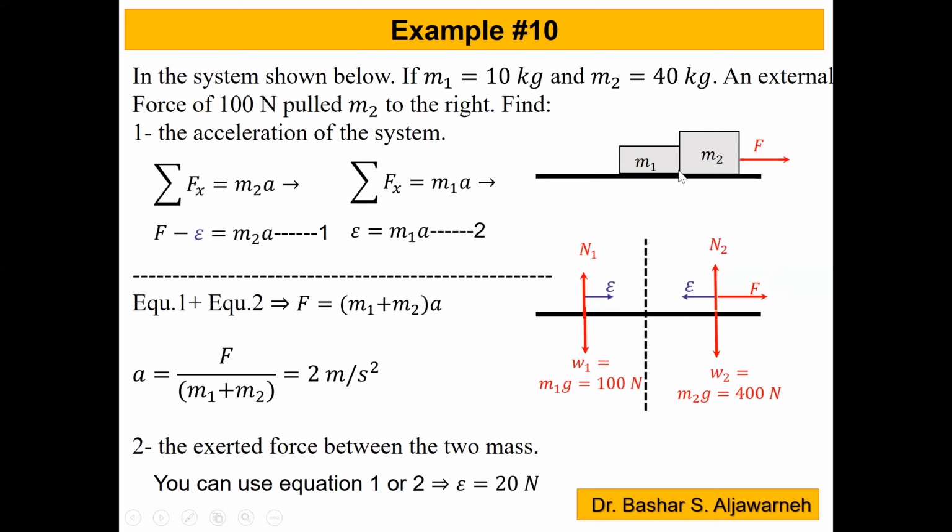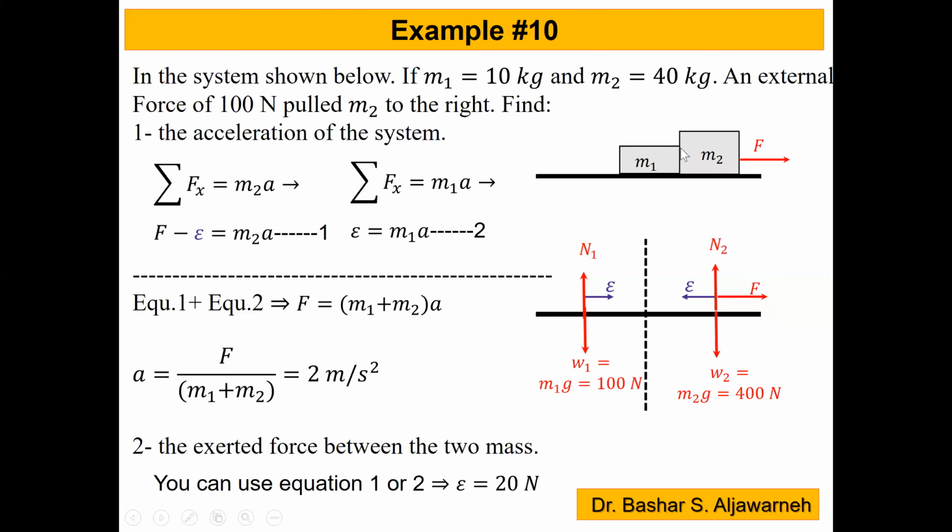Now let us look at the contact surface between m1 and m2. Here we have a contact force. As you can see, there is a contact force between those two boxes.